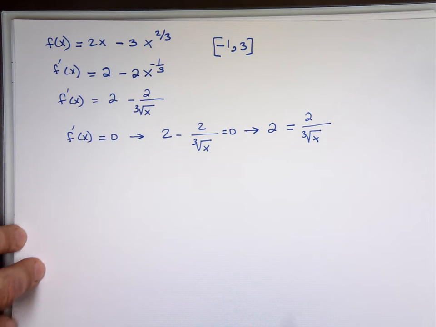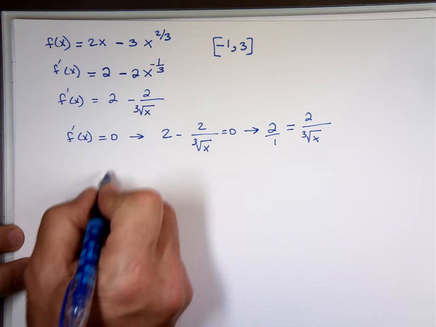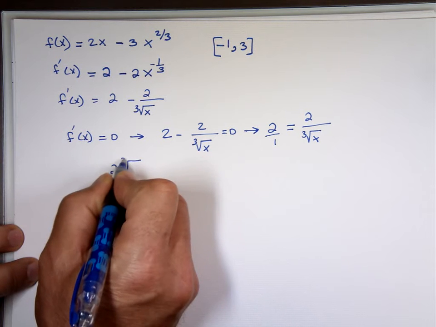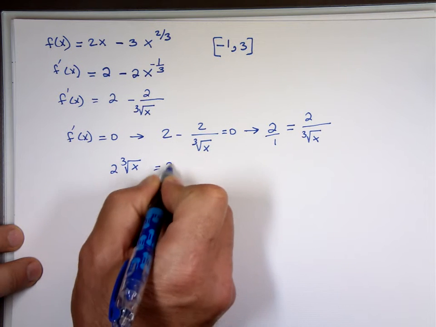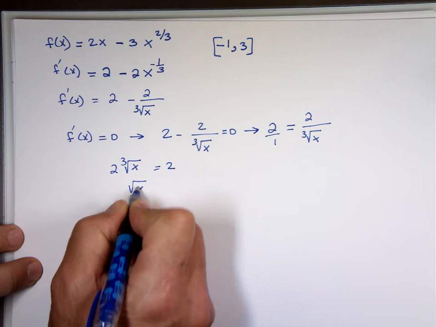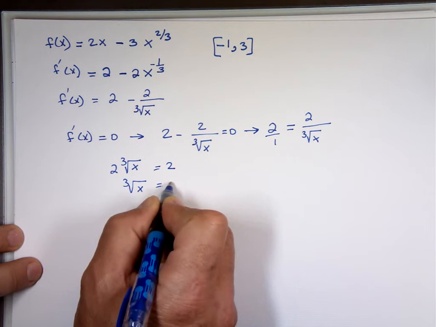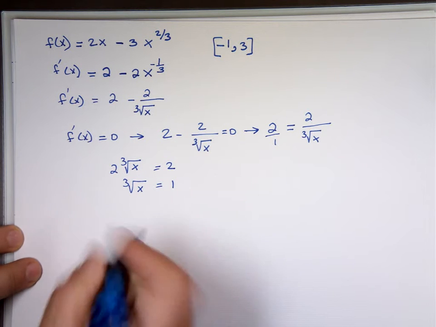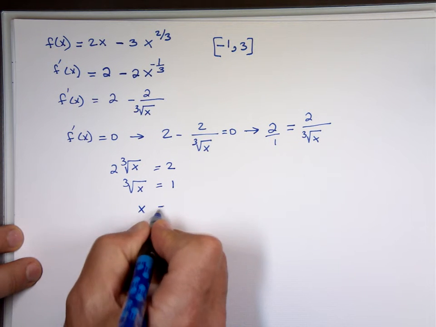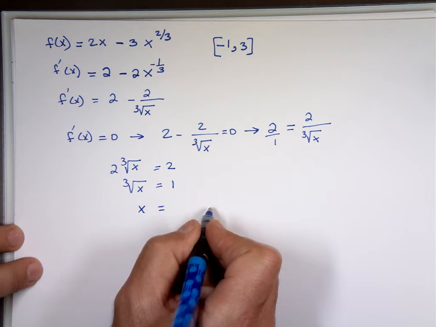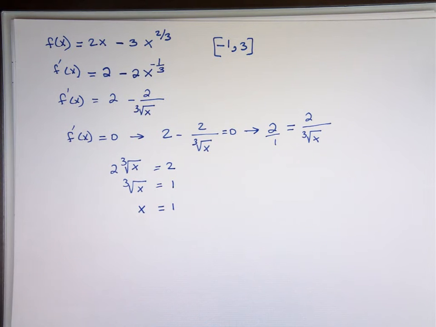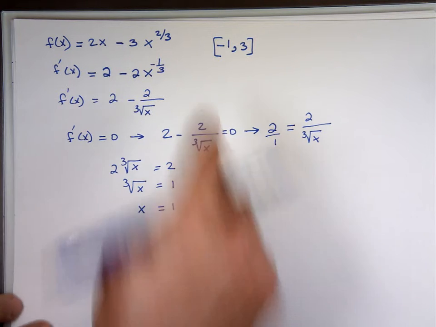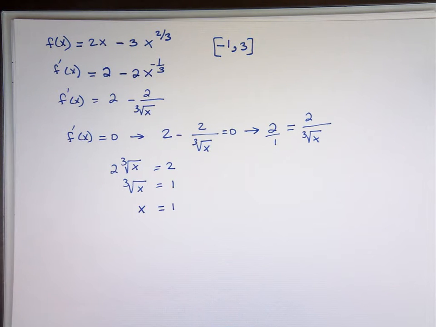The 2 is 2 over 1, cross multiply. The cube root of x is equal to what? 1, right? 2 divided by 2 is 1. What will x have to be? Isn't it 1? Cube root of what number is 1? Just 1. Is the 1 between -1 and 3? Yes. That's a good number to use.